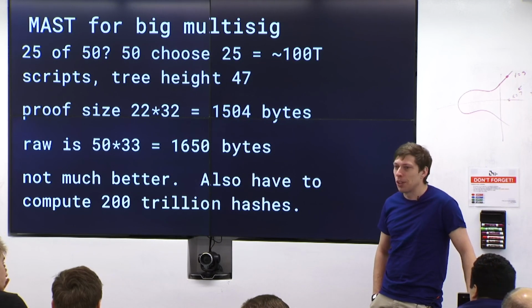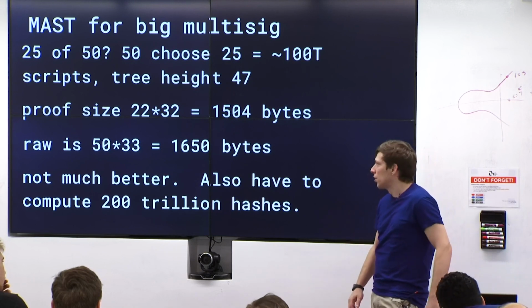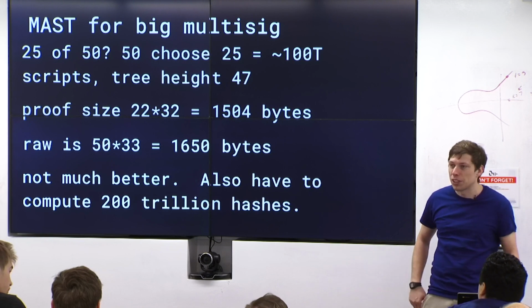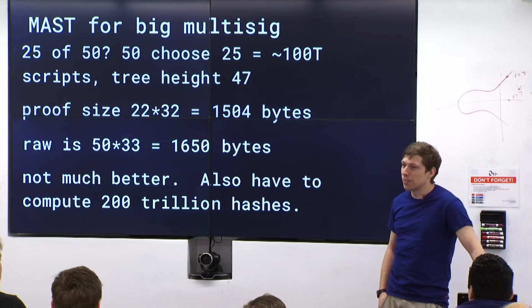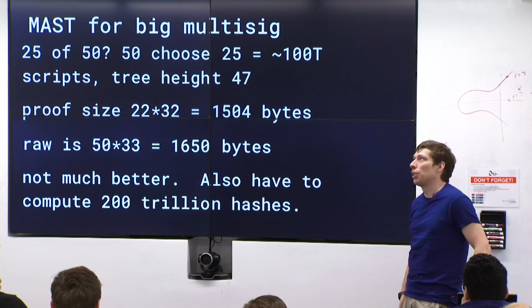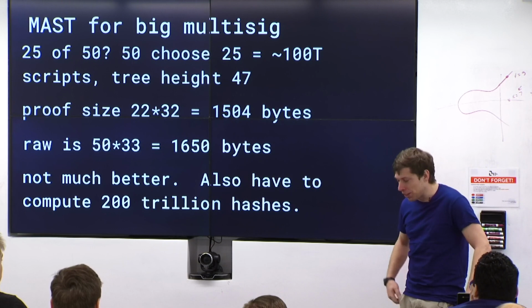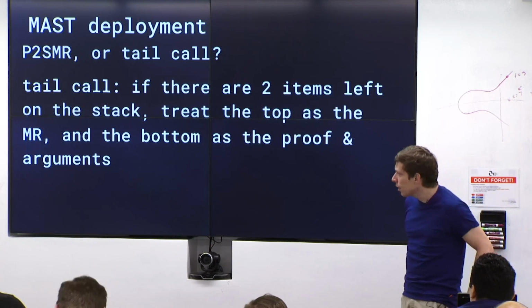Someone either was just joking around and made this weird sparse tree with all these branches to just screw around and have a height of 47, or there's 200 trillion possible spending outcomes. So it reveals information about the things that were not spent. Even though it doesn't reveal what the scripts were, it to some extent reveals how many there were.